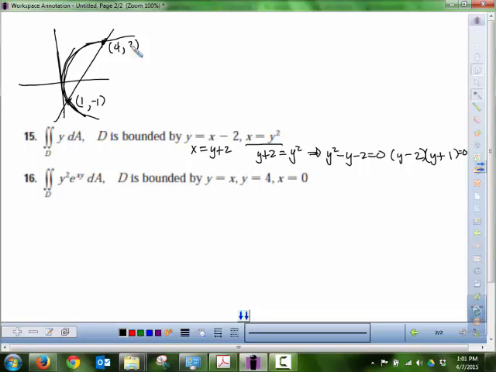So now that we have that business, we will set up our integral. Now, if we integrate with respect to y first, we're going to have a bit of a problem. If we integrate with respect to y first, we see that we go in through one function and end up in another. But if we go all the way over here, we have an issue with the way our function is set up.